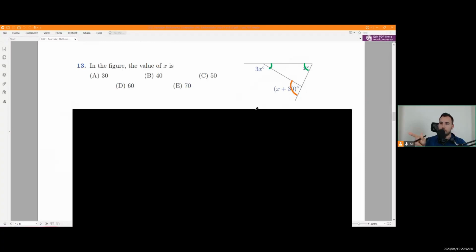So the green ones together are the same as the orange one. This one we have, x. This one we have. This one we don't, but it is easy to find. We know that this 3x plus this question mark is 180. So I'm going to write it like this: 3x plus this missing angle is going to be 180. So the question mark will be 180 minus 3x.